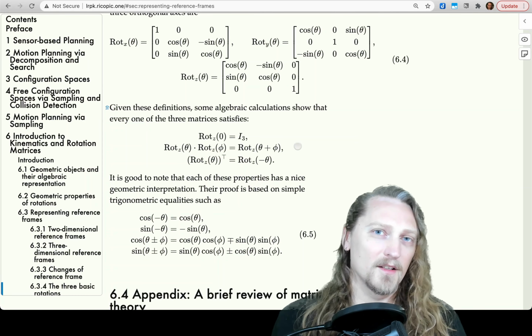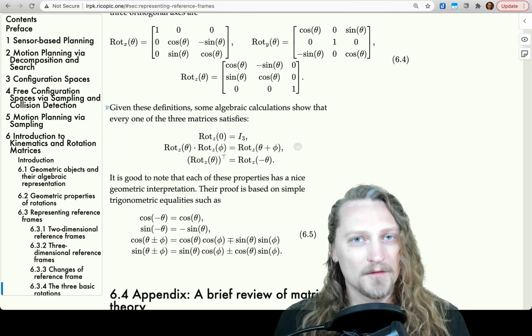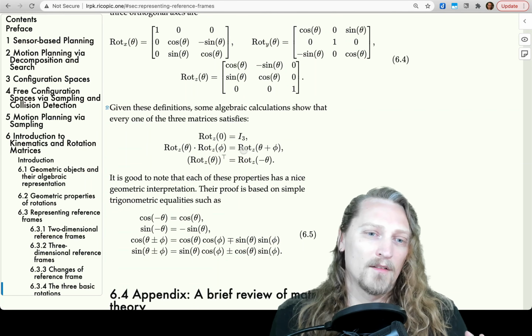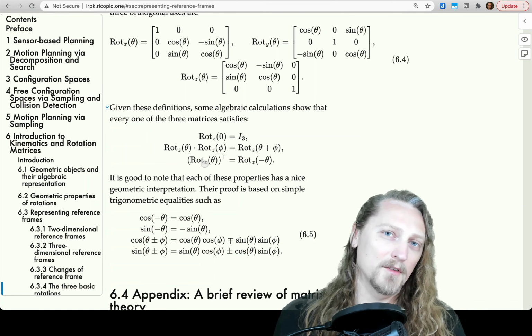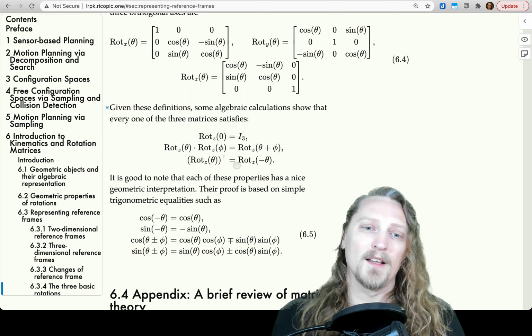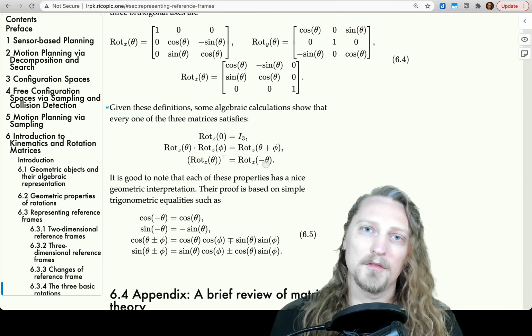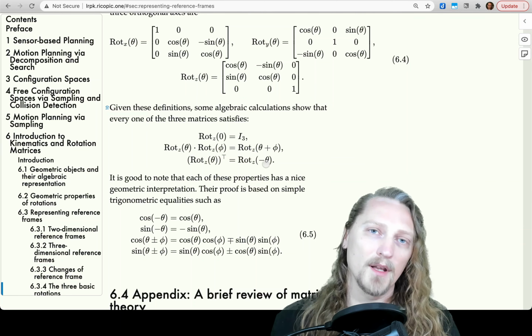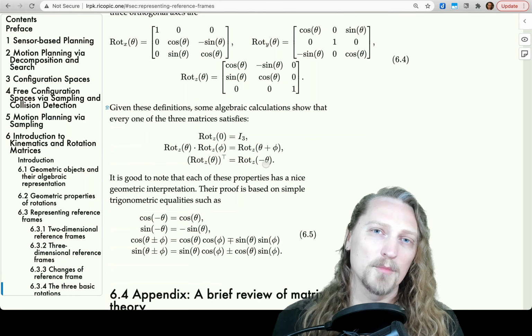And there's an exercise that gives you the opportunity to prove that. Finally, the transpose of the rotation about the axis of theta is equal to the same rotation but with negative theta. So transposing a rotation is equivalent to changing the sign of the angle that you turn. Which makes sense, right?